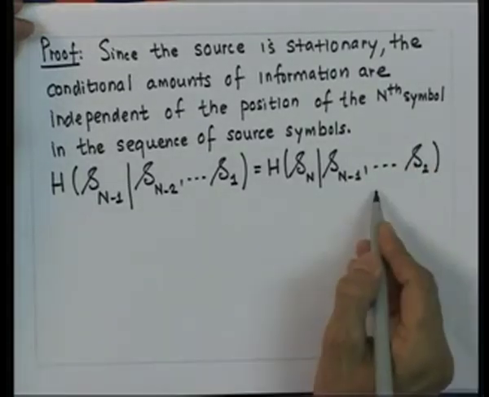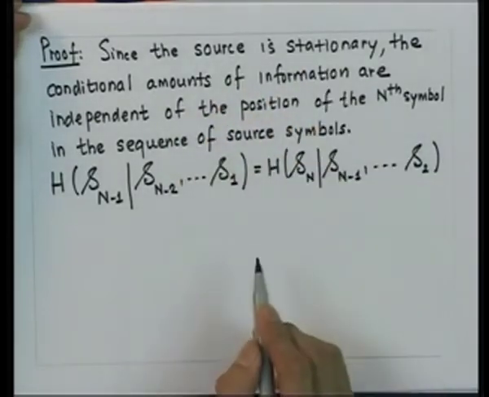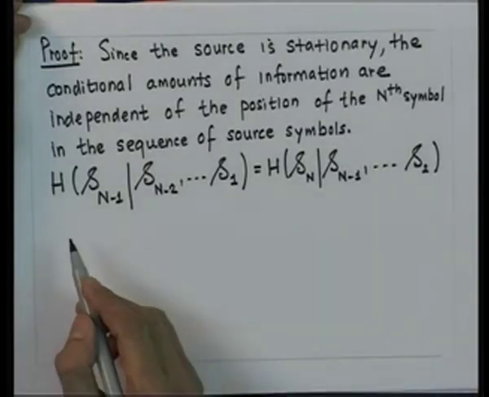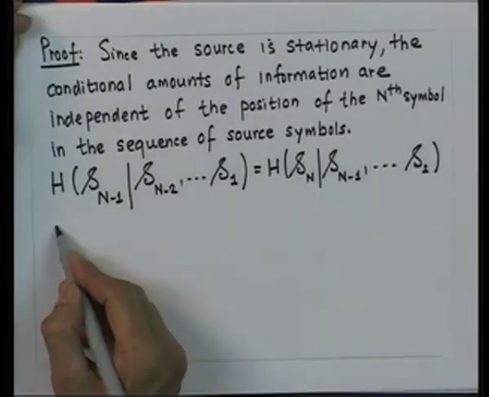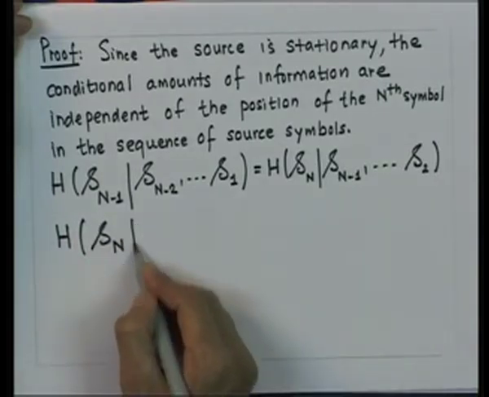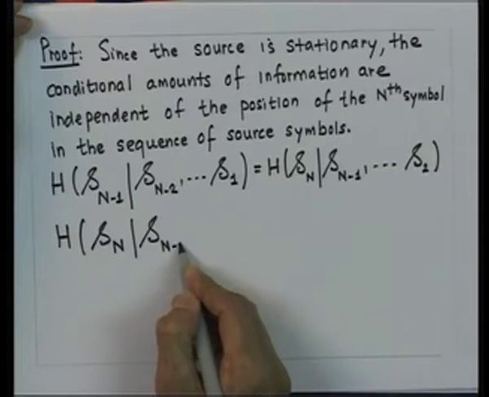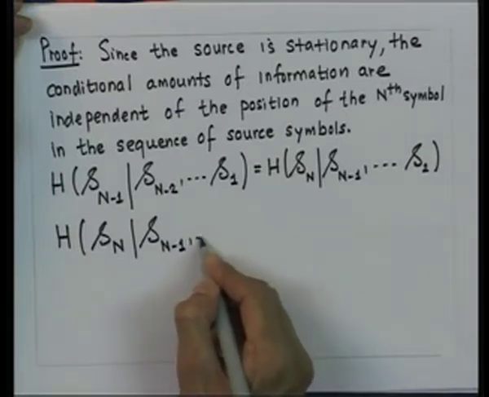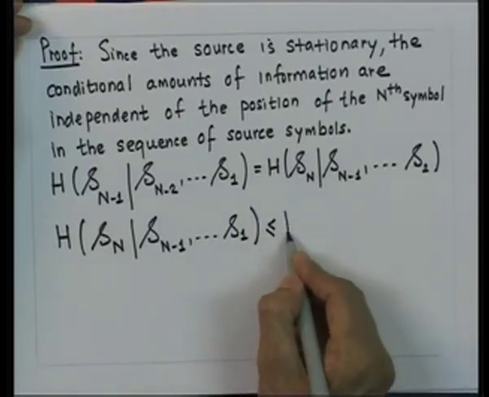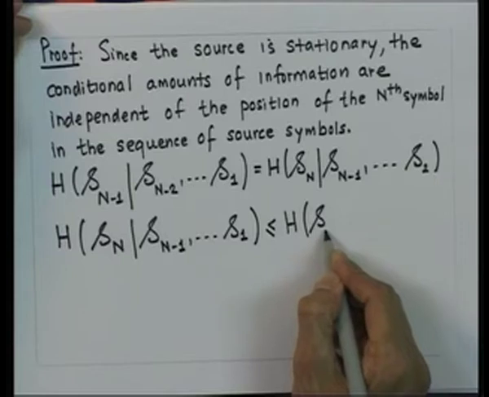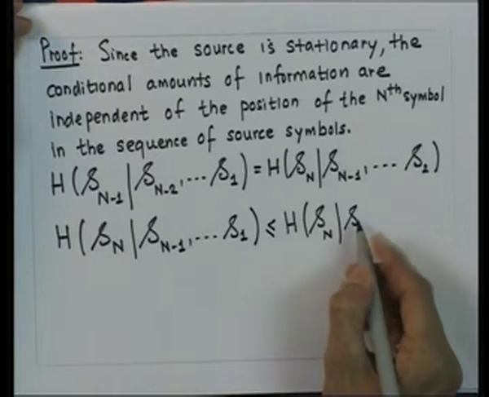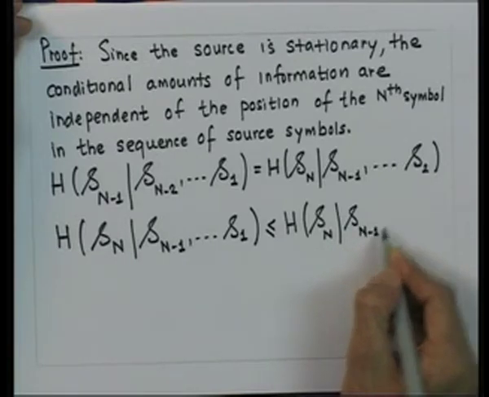I can write this expression because the source is stationary, and we have just seen the property of a Markov source that conditioning reduces information, so the conditional information will always be less than the quantity on the right hand side.